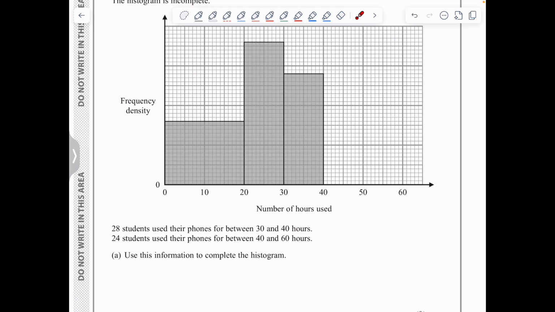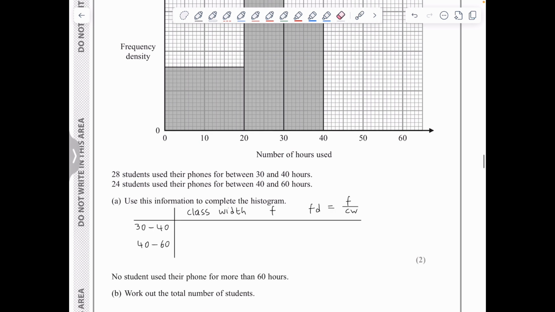So what I will do, I will start by drawing up a table looking at the two classes of interest. Now the 30 to 40 has a class width of 10 and the 40 to 60 has a class width of 20. We've got the frequencies, it's 28 and 24 respectively, and I will calculate the frequency density by doing frequency over class width.